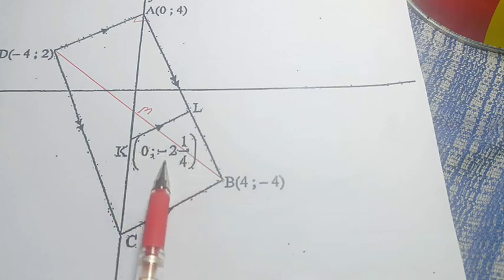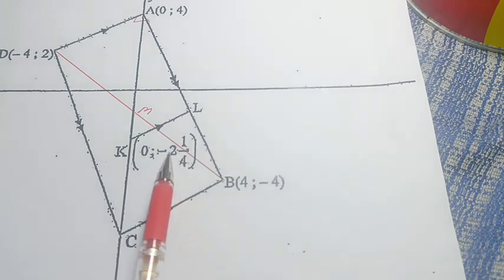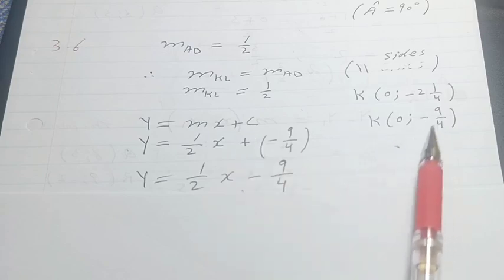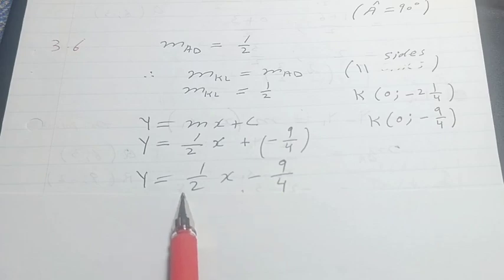So we have the y-intercept already, and we're going to plug it into the equation. The c, the y-intercept, is negative 9 over 4, so this is the equation of KL: y = 1 over 2 x minus 9 over 4. Negative 9 over 4 is your y-intercept, and the gradient is 1 over 2.